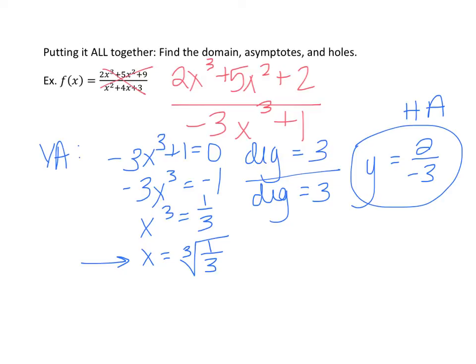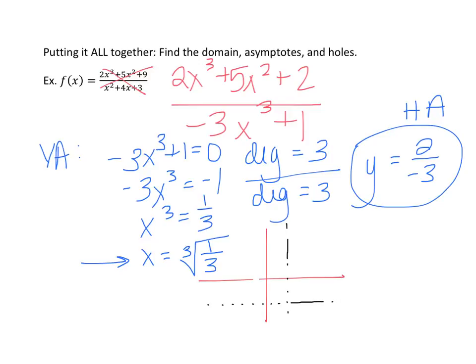My domain, left and right, this is where sketching a graph does come in a little handy. Vertical asymptote at the cube root of 1/3, which is going to be somewhere, oh, it's positive, so let's undo that. Okay, so I'm going to have a vertical asymptote somewhere in the positive realm. I've got a horizontal asymptote somewhere in the negative realm.